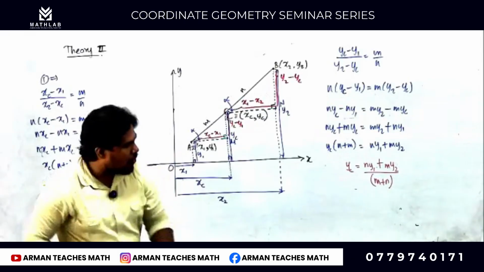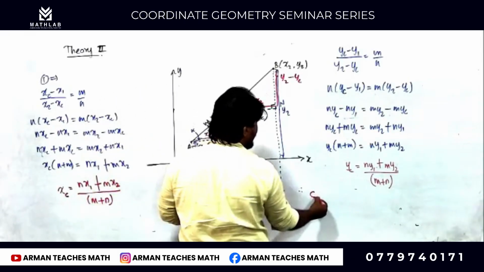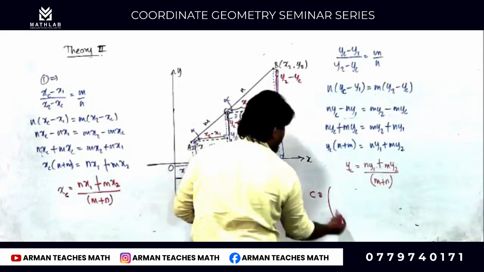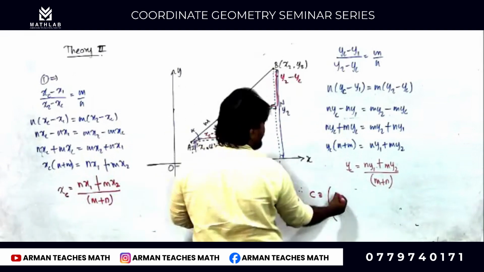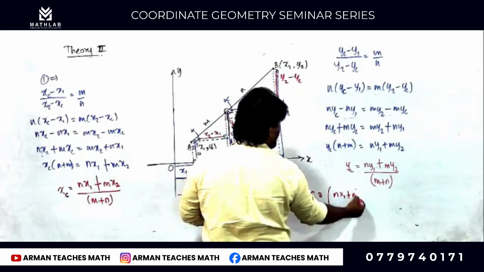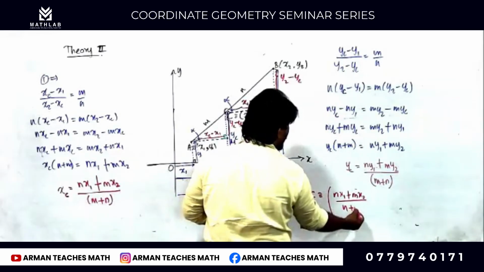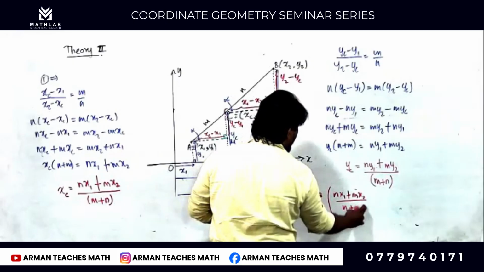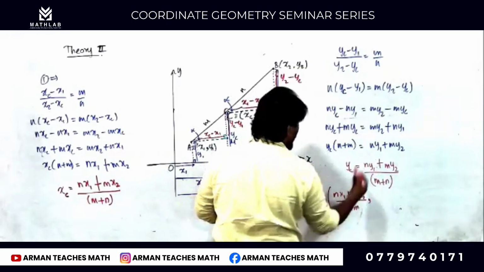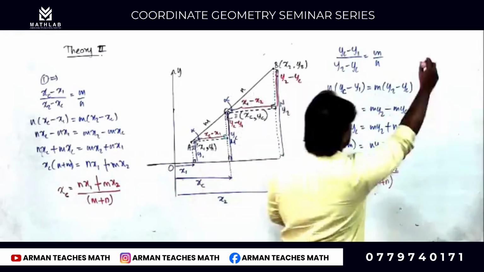Therefore, what are the coordinates of the C point? Therefore, coordinates of C point are given by, listen, stop working and listen. (nx1 plus mx2) divided by (n plus m) comma, the y coordinate, I can't see it. Write it here.